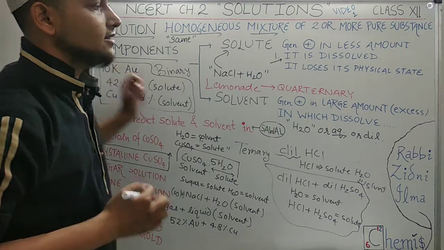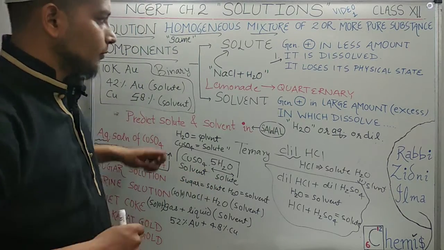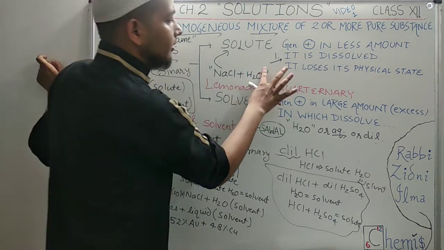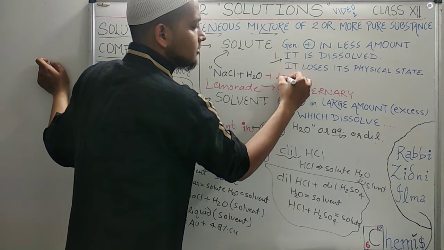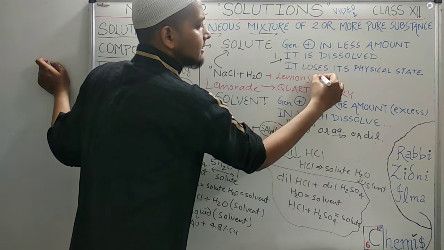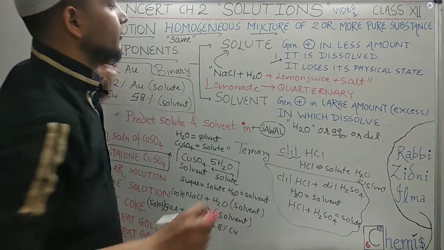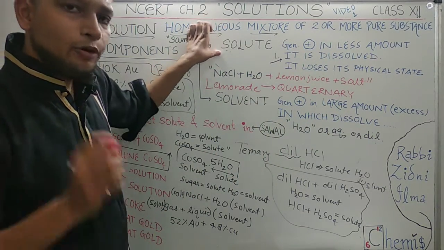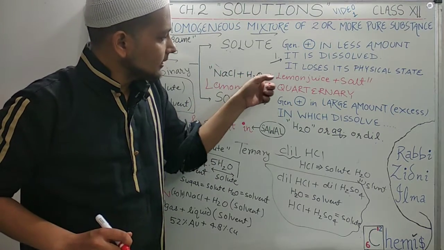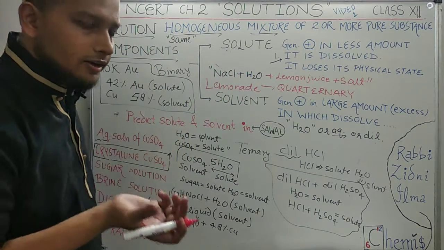A quaternary solution contains four components. And what are our four components? NaCl, water, some lemon juice and some amount of salt. This is the basic recipe of our lemonade. So in all these components, which is our solute?